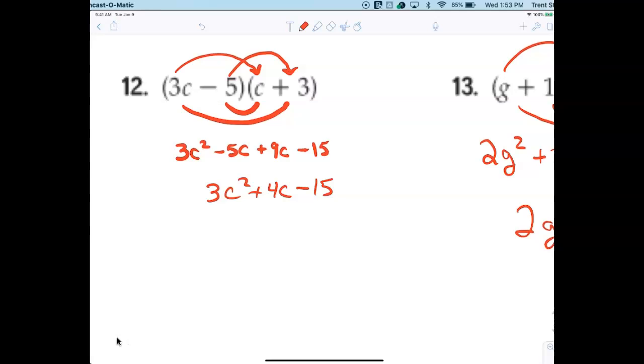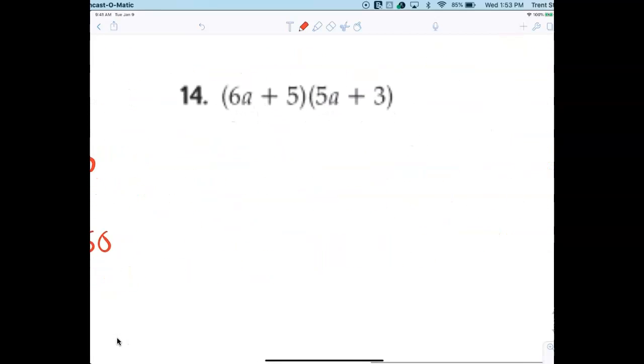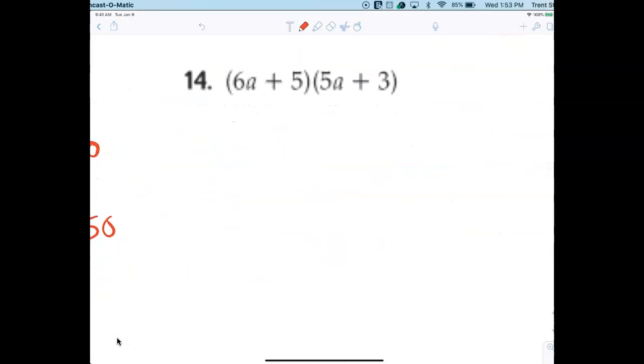All right? Here we go. Let's have fun with 14 now. First thing, 6a times 5a: 30a squared. First smiley face. Good job. Plus 25a. Second smiley face: 18a.